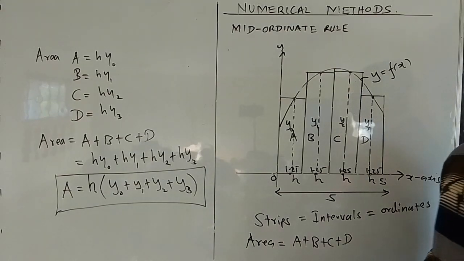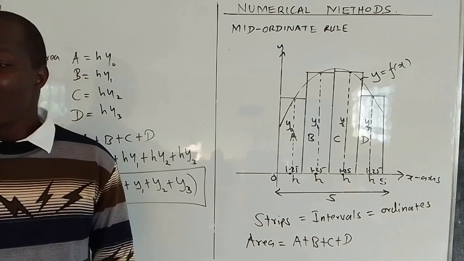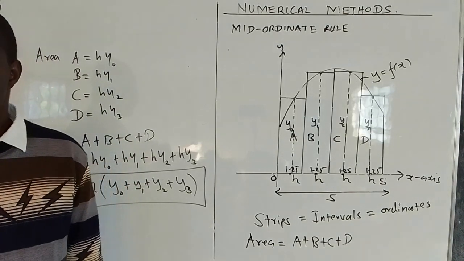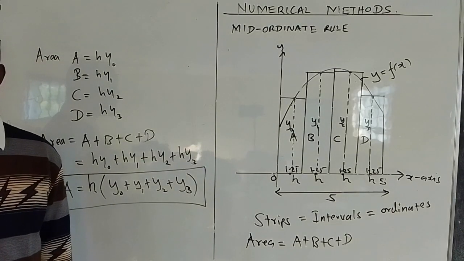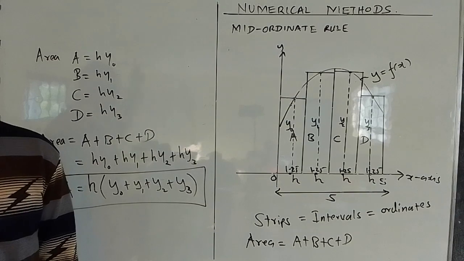So when you are told to determine the area using the mid-ordinate rule with 7 intervals, it means we are going to have 7 strips, isn't it? And in the mid-ordinate rule, each and every strip has only 1 ordinate in the middle.